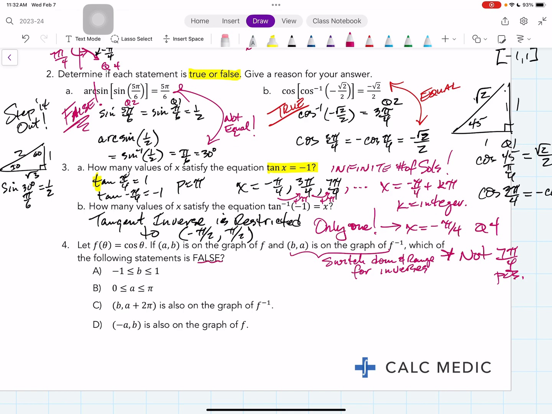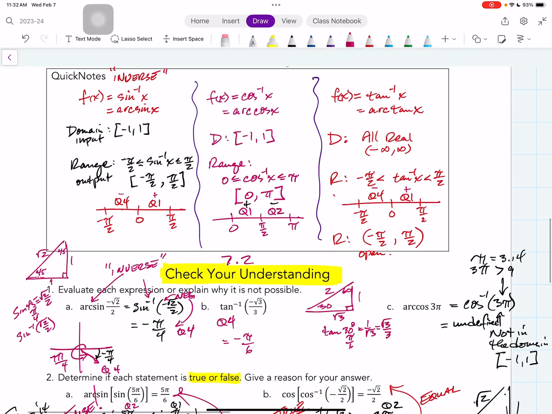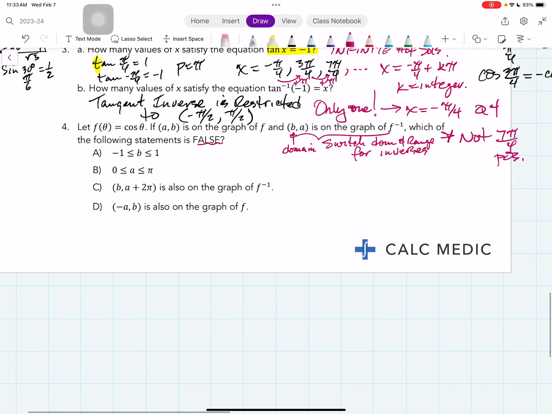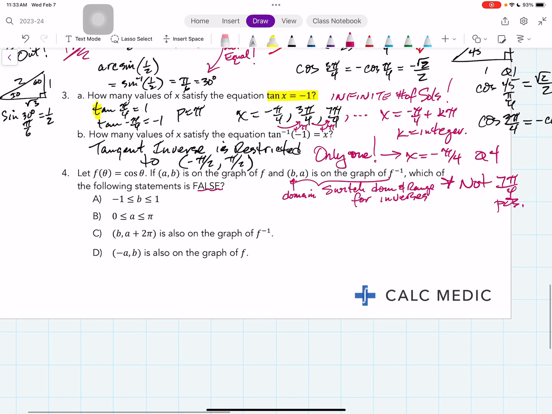So is b between -1 and 1? Notice b is the first coordinate of your inverse function, so it must be in the domain of the inverse. So let's go up at the top. Which function are we dealing with? We're dealing with the cosine function.